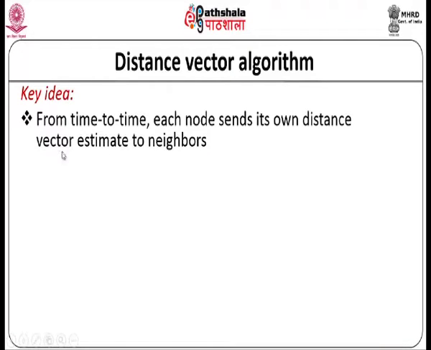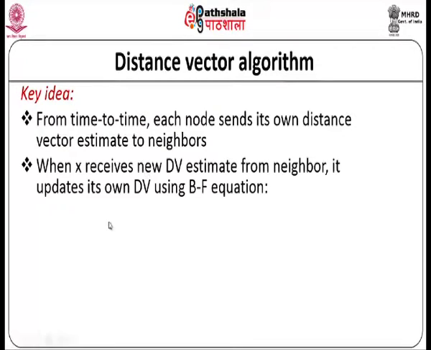Now, the key idea is that from time to time each node will send its own distance vector estimate to its neighbors. Initially it will not have information about everybody, it will only have information about its neighbors, but similarly its neighbors will have information about their neighbors. So, by exchanging information between neighbors, it slowly picks up information about its neighbors' neighbors, their neighbors and so on.